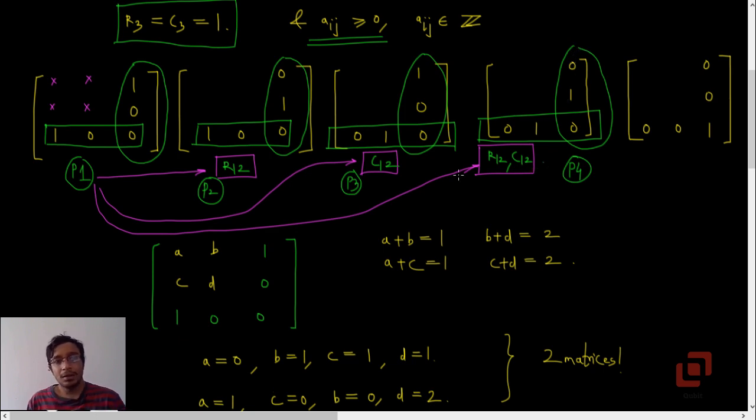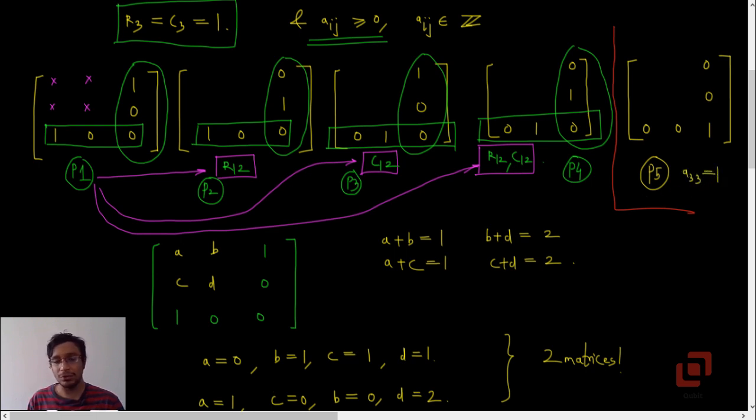Now these 4 possibilities are indeed connected to each other, but the fifth possibility is distinct, in the sense that it has no connection with the first 4 as far as these arrangements are concerned. Let's call it P5. In P5, A33 itself is equal to 1.